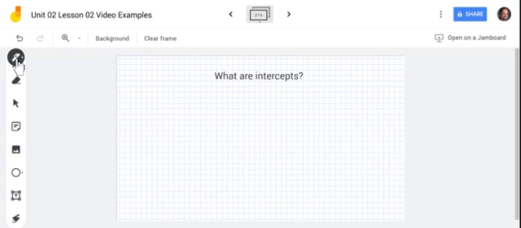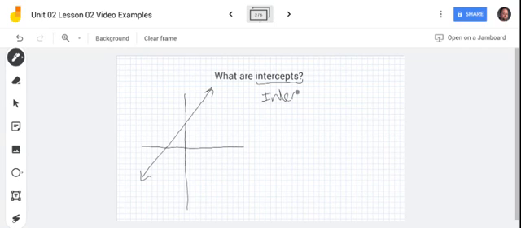And specifically, if I draw a little grid here, don't worry about counting it, and I draw some line. An intercept is the intersection with an axis.